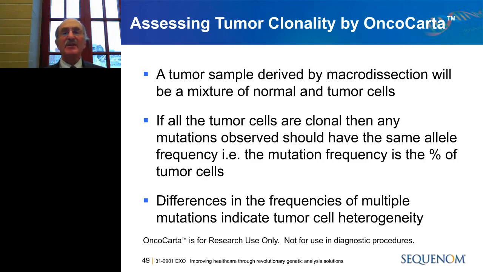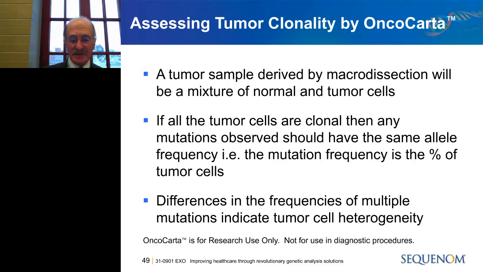And we can do this on biopsies where there are enough molecules so that quantification is possible. So if I have a biopsy, it's a mixture of normal cells and tumor cells. And if all the tumor cells are identical, and they have more than one driver somatic mutation, then those mutations should occur at the same allele frequency, because the mutation frequency is just the percentage of tumor cells.